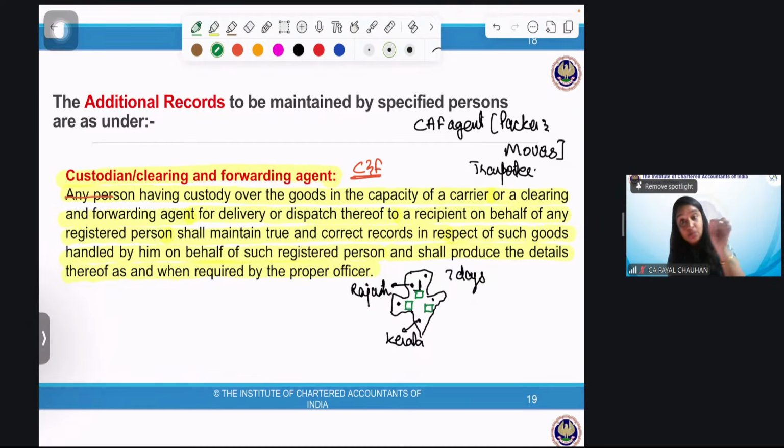As the name suggests, the goods will be forwarded to them, and as per the instruction given by the manufacturer in Kerala, they will be given to the shop. It will be cleared as per the instruction. See, a new meaning to CNF. Just to have good logistics, we do this. And they are also known as clearing and forwarding agent. Did you people understand clearing and forwarding agent?